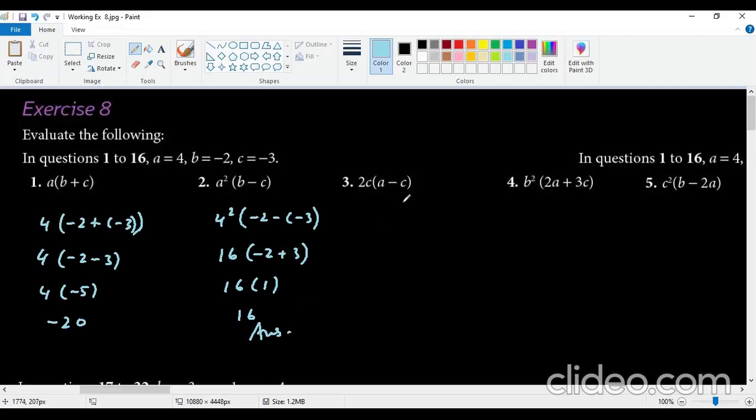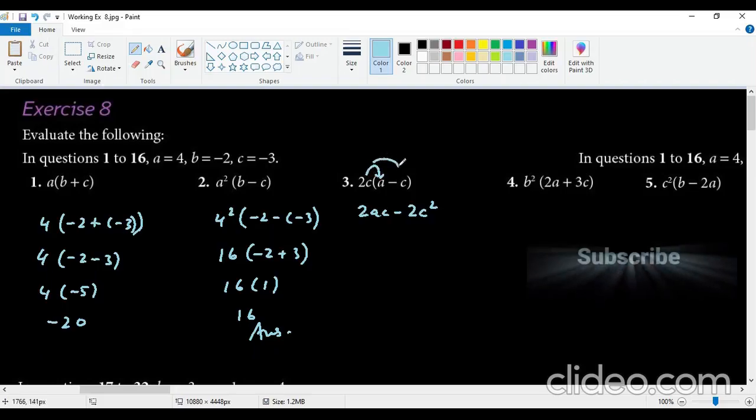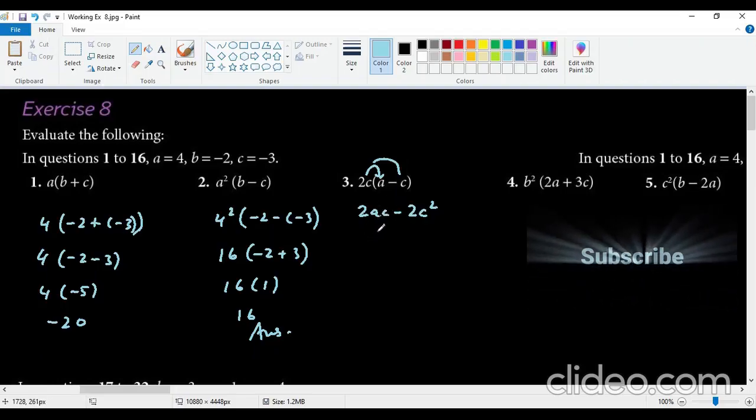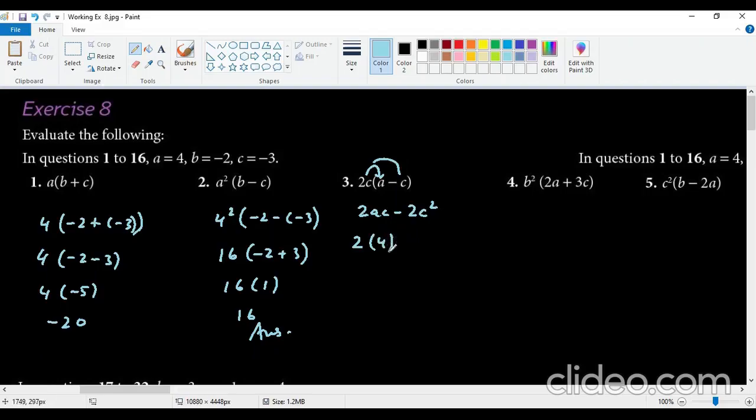Now this one I'm doing a different way. First I'm simplifying 2c times (a minus c). So first I'm multiplying 2c with a, and next I'm multiplying 2c with -c. So simplification gives you 2ac minus 2c square. Now I'm evaluating by putting the values. 2 times a, which is 4, and c is -3.